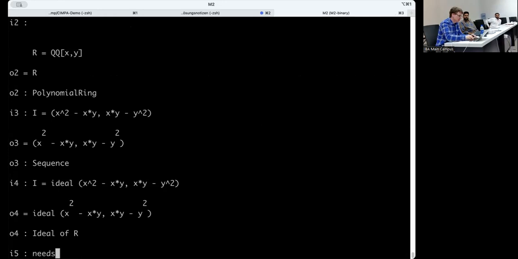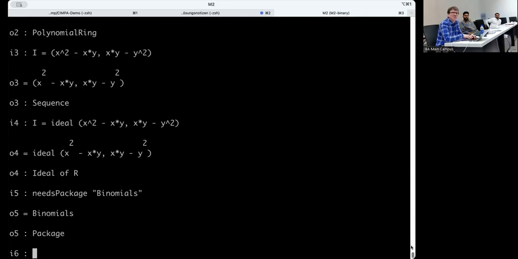By the way, you need to load this package. I like to load my packages with needs package. Many people use load package, but here's a trick: needs package is equivalent to load package if the package is not already loaded. But if the package is already loaded, load package will fail and needs package will do nothing. That's why needs package is strictly better than load package.